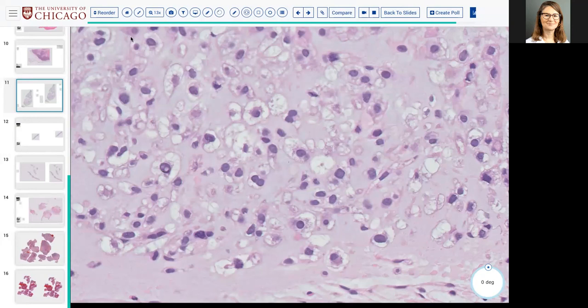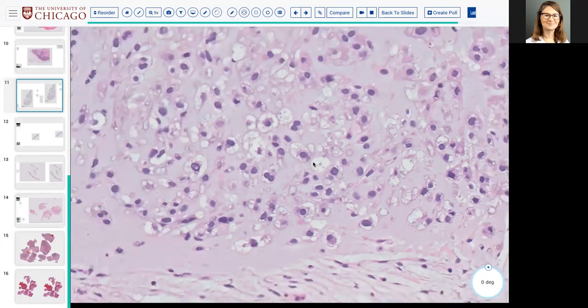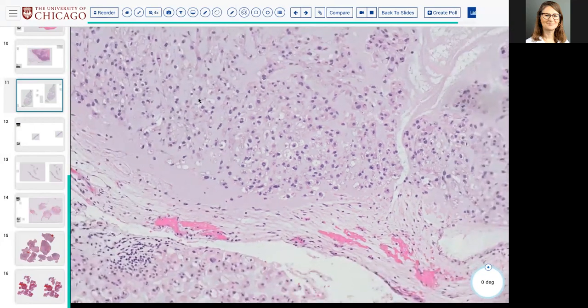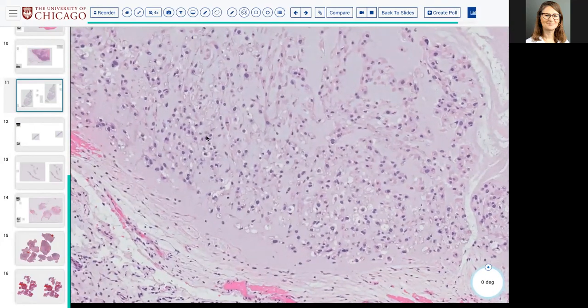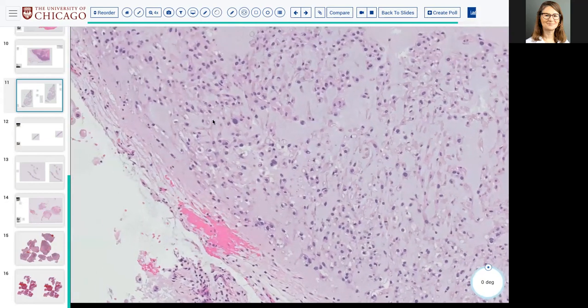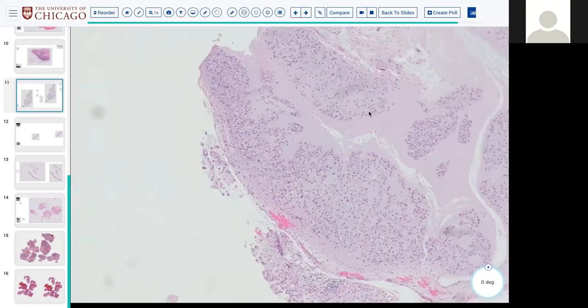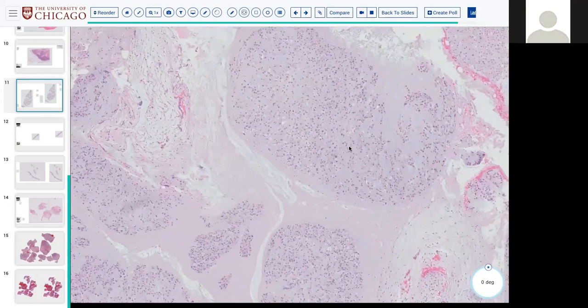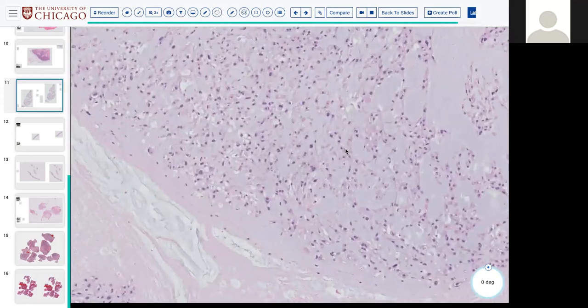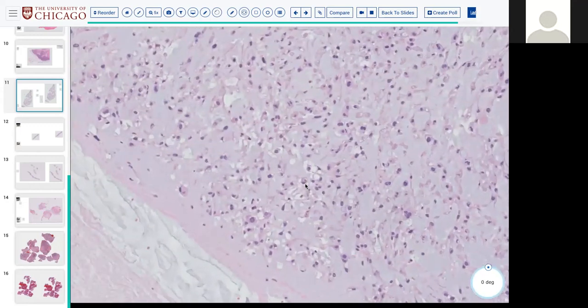All right, so what else might we think about? I don't know if we're still thinking myoepithelial origin, but the vacuoles, I don't know.